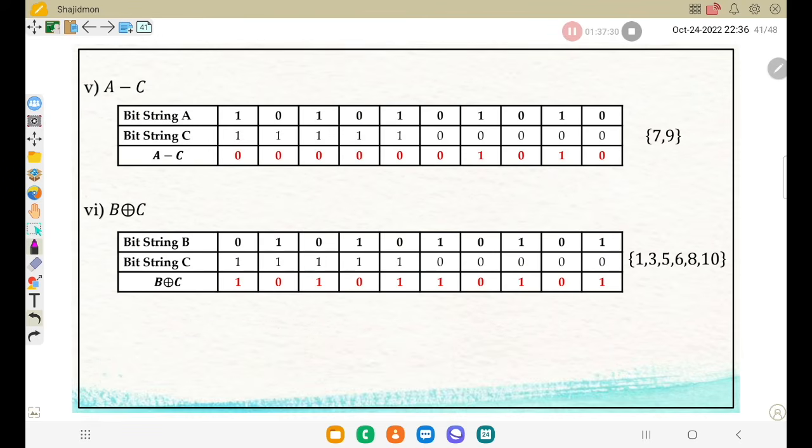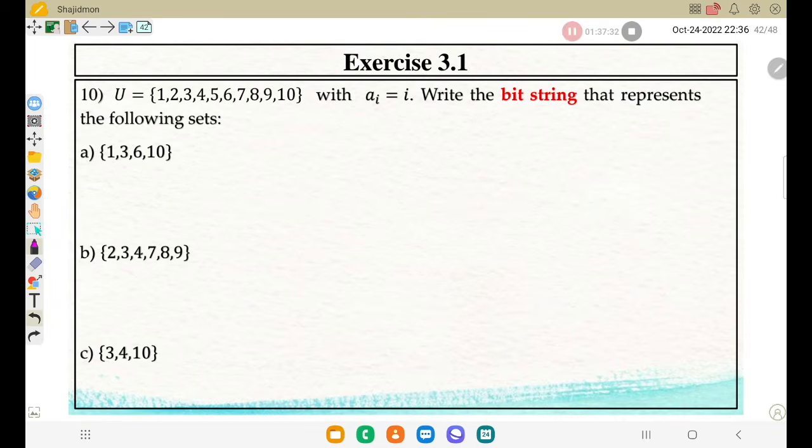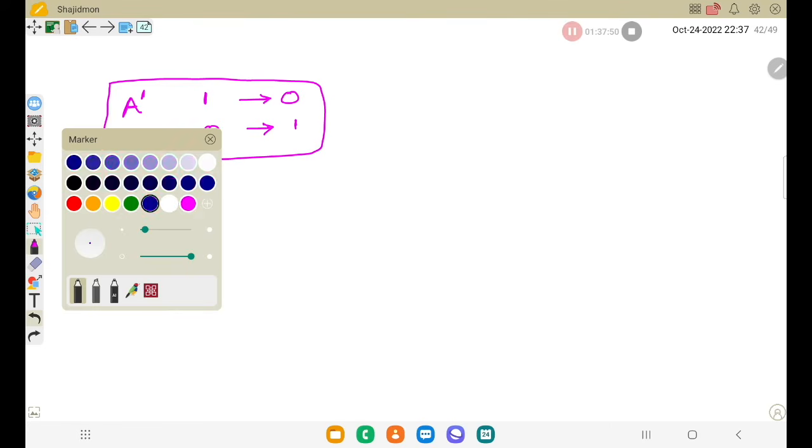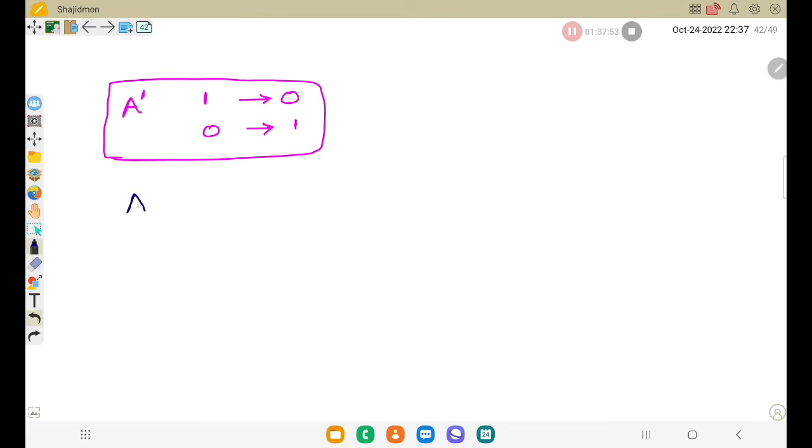I can show you that one. For example, first I told complement. Complement means 1 complement 0, 0 complement 1. So this is the complement operation. Now I want to tell the union.